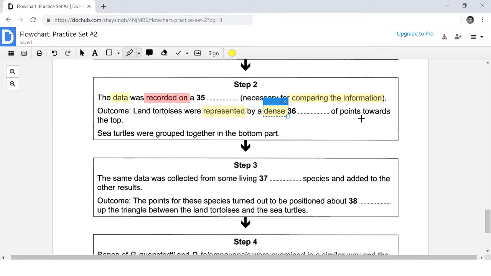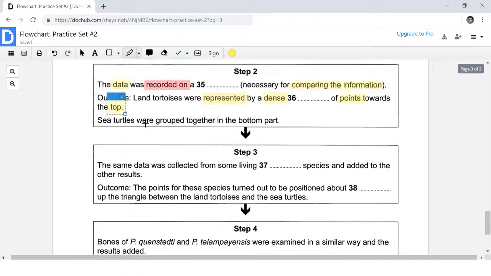A dense something of points. Towards the top. So those are the keywords there. Sea turtles were grouped together in the bottom part. Okay, I'm not going to be marking keywords from there. That's not part of our questions, and also we don't have great keywords here. Maybe bottom. That might help us.